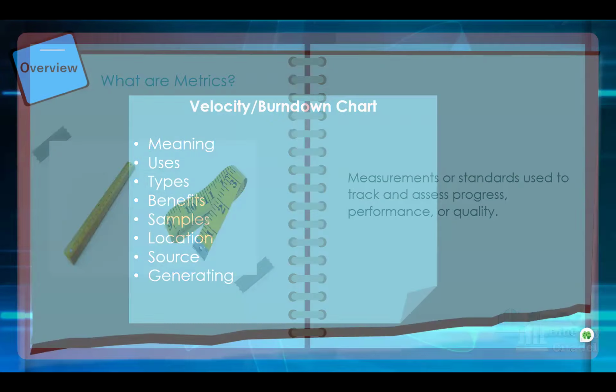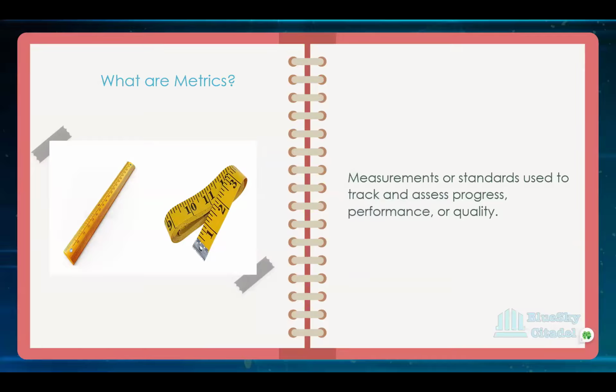Okay. So I'll just take metrics first in simple terms. What are metrics? They're just measurements, or standards that you use to track something. So either assess a progress, assess a performance, or look at the quality of something.